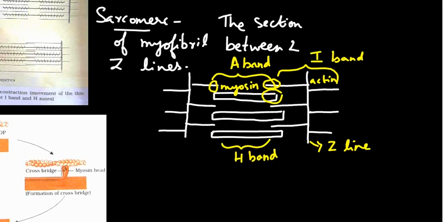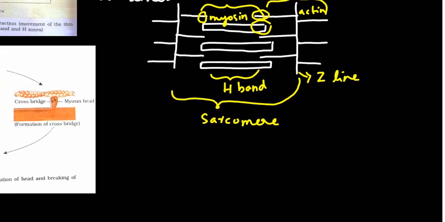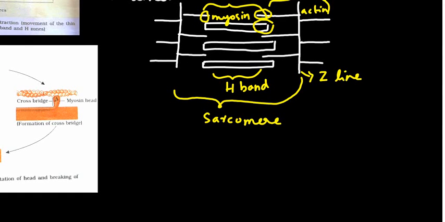The distance between two Z lines is called sarcomere, and that is the functional unit of muscle contraction. Muscle contraction takes place when these actin filaments come closer. So the sarcomere unit will become shorter. If the sarcomere is in a resting state, and now they come closer, the Z lines will come closer.